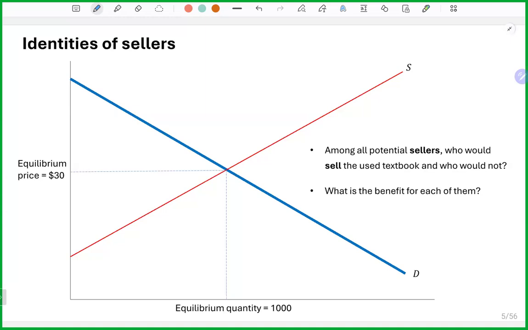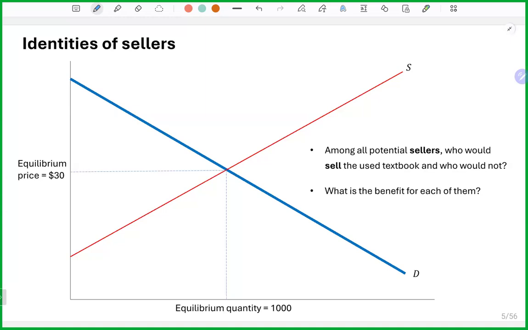So it's a reallocation from sellers whose valuation on the book is low to buyers whose valuation is high. That's why there is mutual benefit for buyers and sellers. Books are reallocated from those who value them less, the sellers, to those who value them more, the buyers. That's why this market creates mutual benefits.